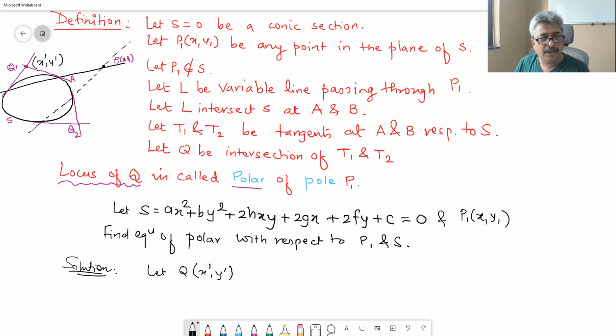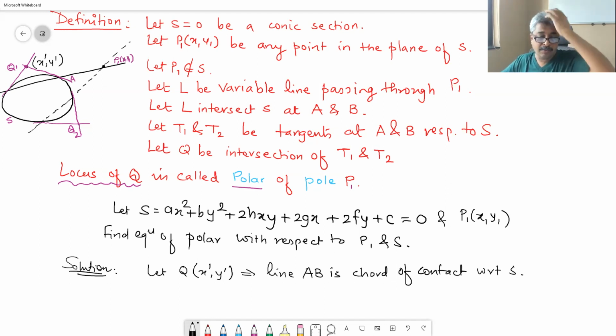Then the geometric condition, if Q is (x', y'), this implies line AB is the chord of contact with respect to S, yes or no, and we know the equation of the chord of contact.